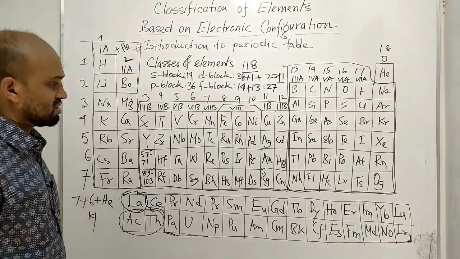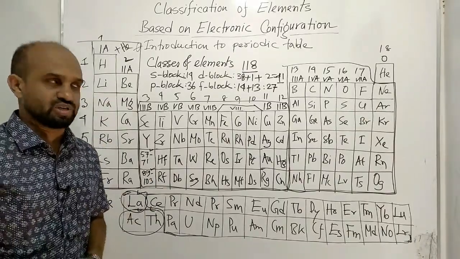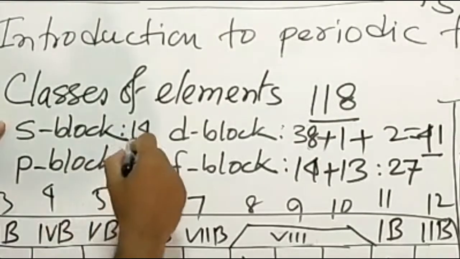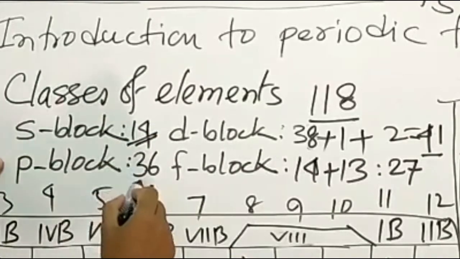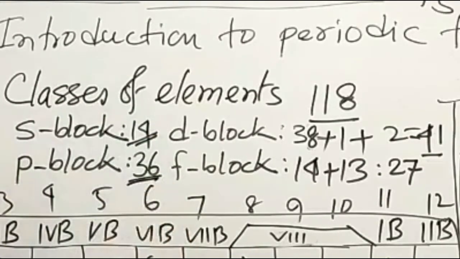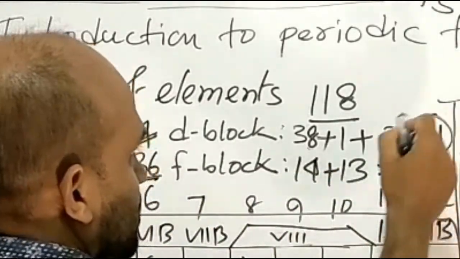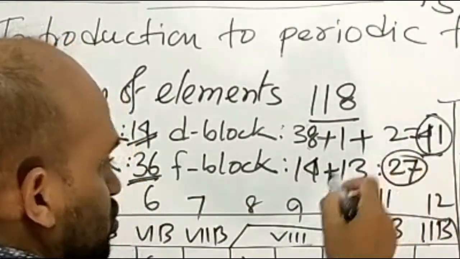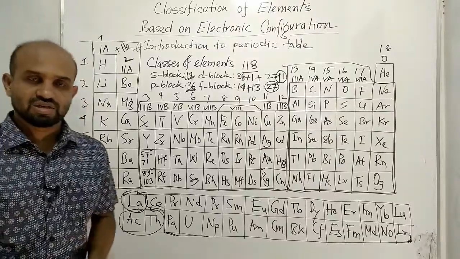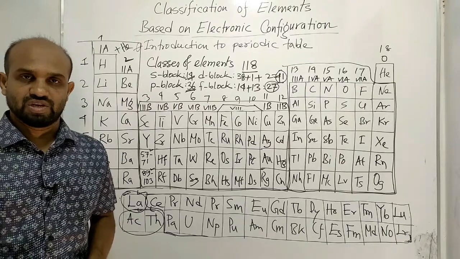So these are the numbers of different block elements. S block 14 elements, P block 36 elements, D block 41 elements, F block 27 elements. These are the classes of elements.